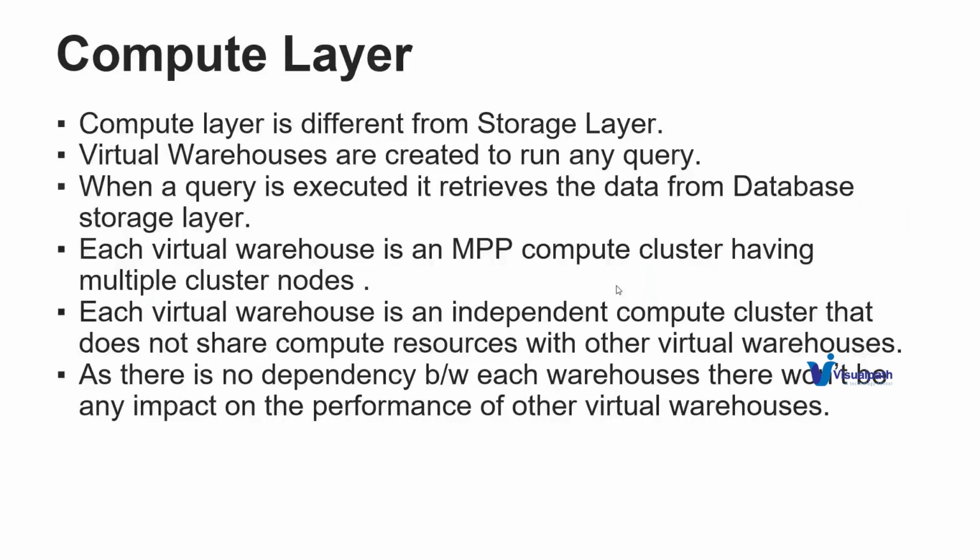Now if I create one compute resource, which is nothing but one virtual warehouse, they come in the form of t-shirt sizes. Let's say I have created it with L size. When we go from extra small to small, small to medium, the cost also gets doubled.